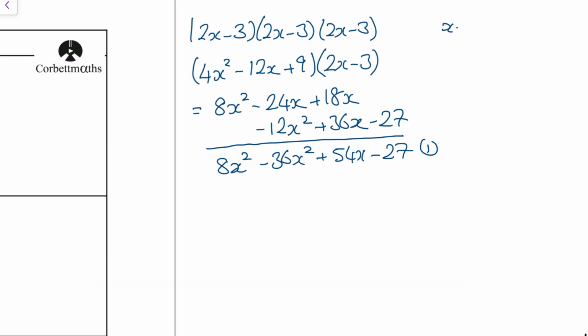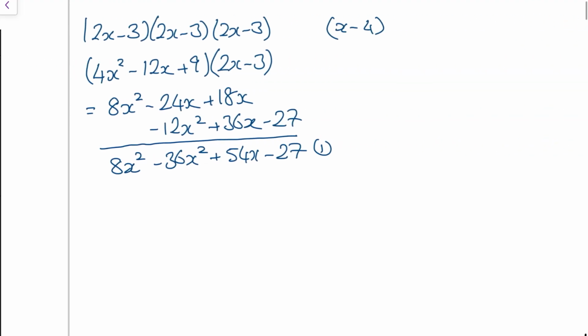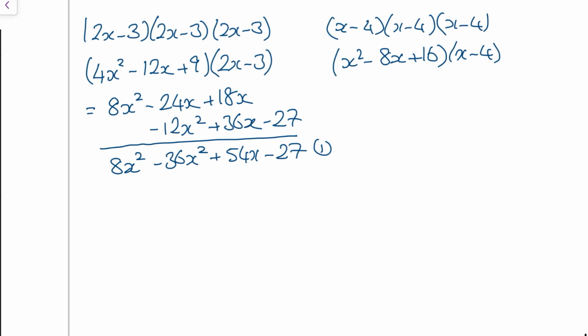Then I'm also going to do the same thing again. So x minus 4, let's just check it's x minus 4, yep. So x minus 4 times x minus 4. We've started the month off with a big question, haven't we? It's going to give me x squared minus 8x plus 16 times x minus 4, phew. Then again, it's the column idea again.